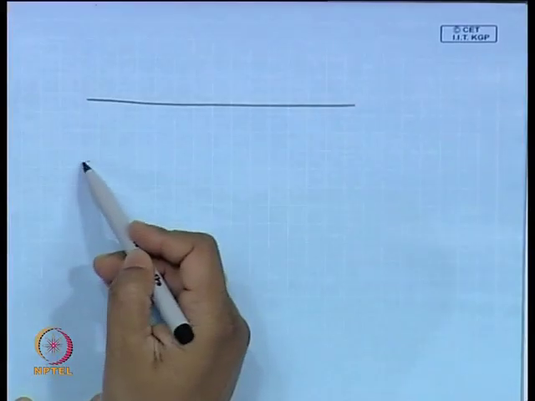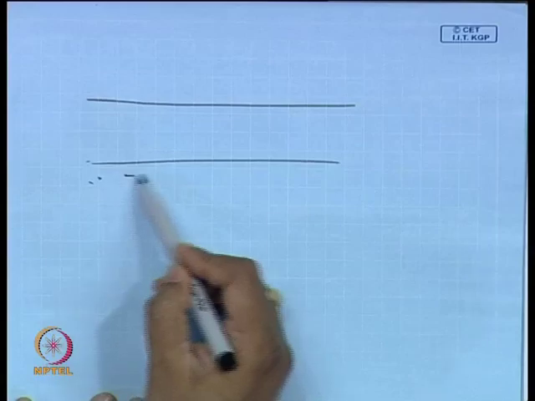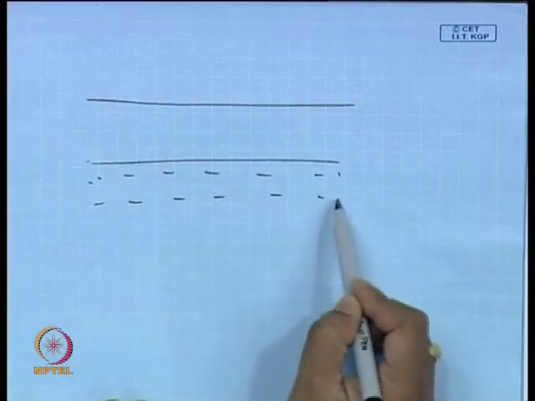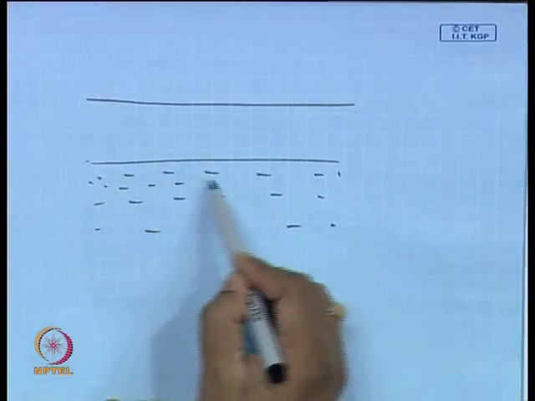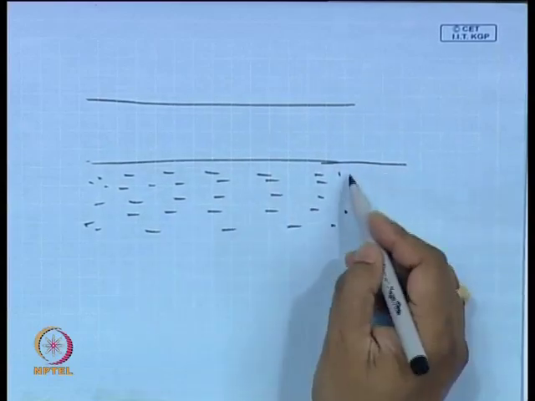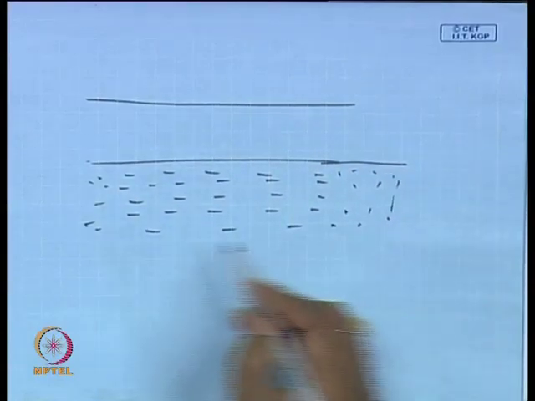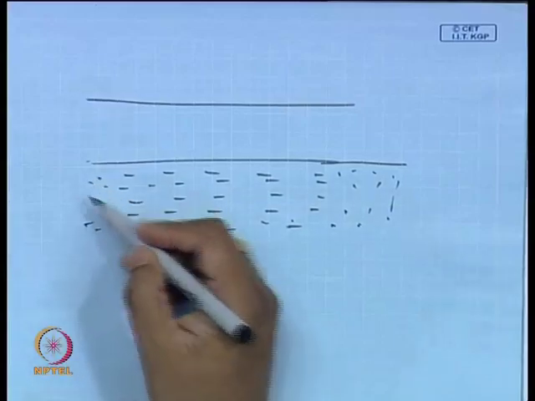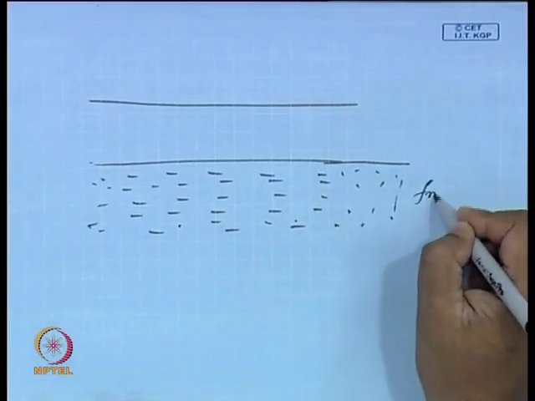There are other ways we can also show this. Suppose instead of bottom friction, I have bottom porosity, particularly a sandy bed or muddy bed.